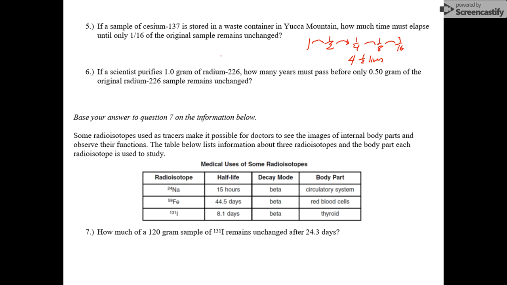Okay, and so how much time is that? It's cesium-137, which has a half-life of 30.2 years. 30.2 times 4 equals 120.8 years.